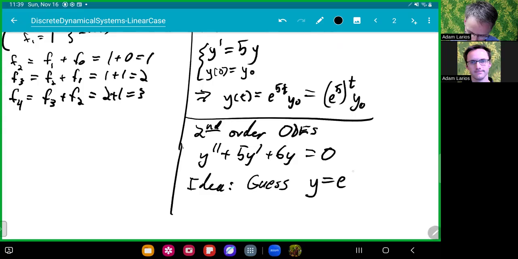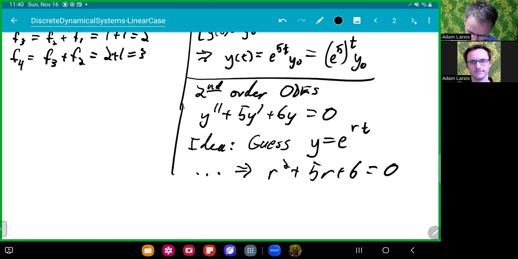We guess the solution is something like e to the rt, and after plugging this in, 2 derivatives will give us an r squared times e to the rt. One derivative will be r times e to the rt, and the last will be just e to the rt. After dividing by e to the rt, noting that e to the rt is never 0, we get r squared plus 5r plus 6 is equal to 0.